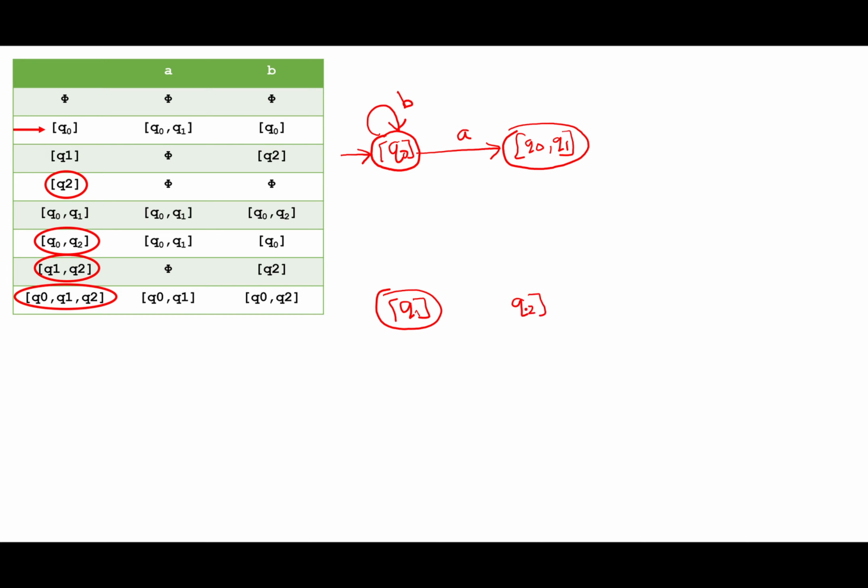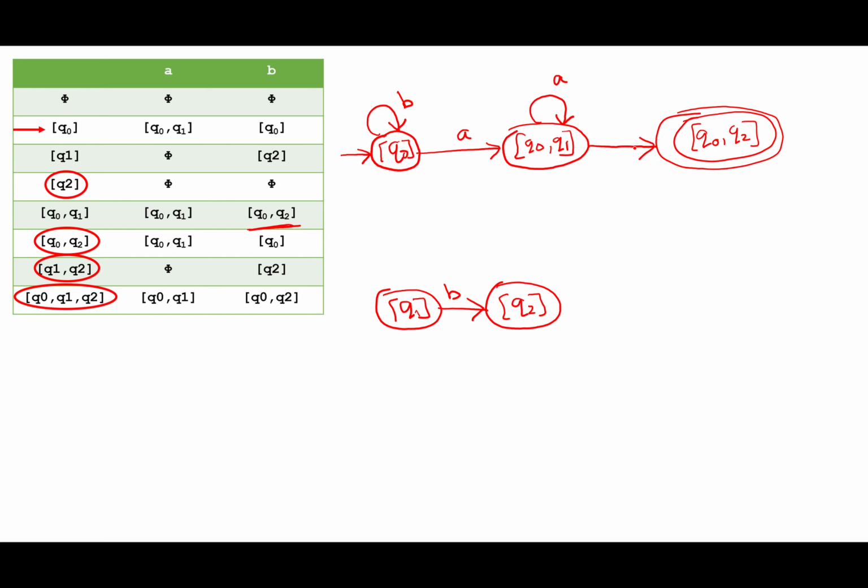It is Q2, so I'm taking the Q2 state, and it is B. Then Q naught Q1 comma A is the same, Q naught Q1, so it is A. Then Q naught Q1 comma B is Q naught Q2, so I'm taking Q naught Q2. This is a final state, and it is B. And this Q2 is also a final state.